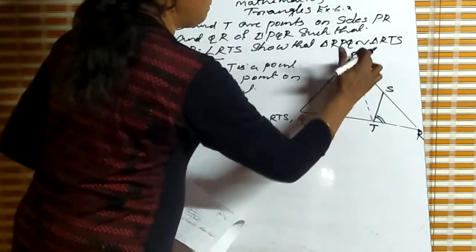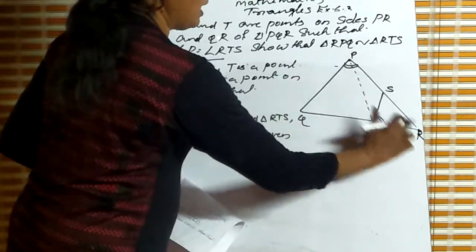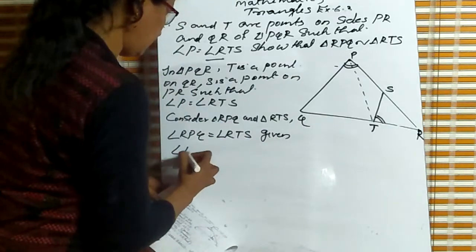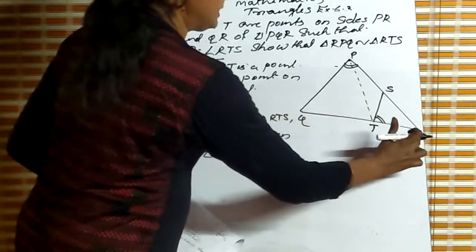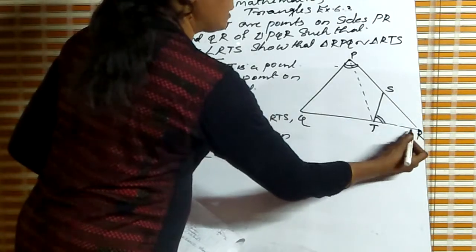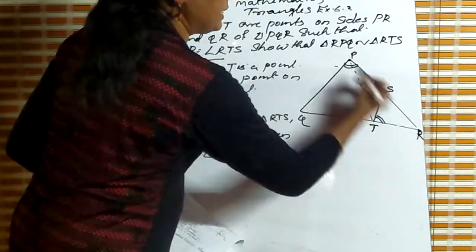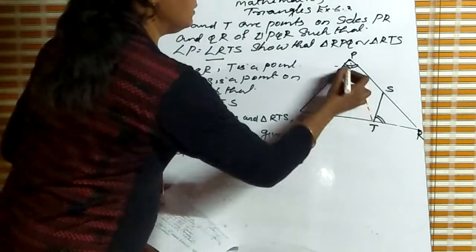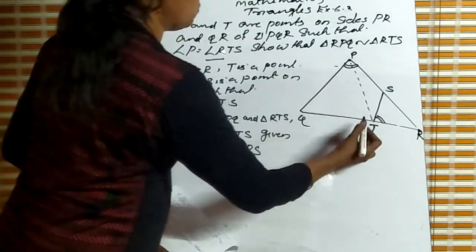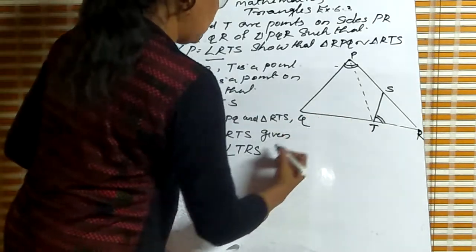For RPQ, angle R is PRQ. Angle PRQ is equal to, for RTS, angle R means SRT or TRS. Angle TRS. This angle is common.